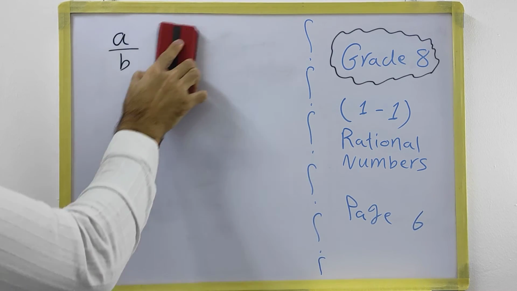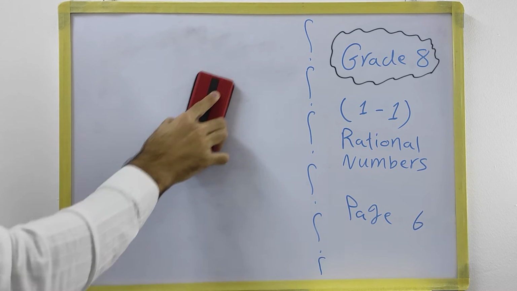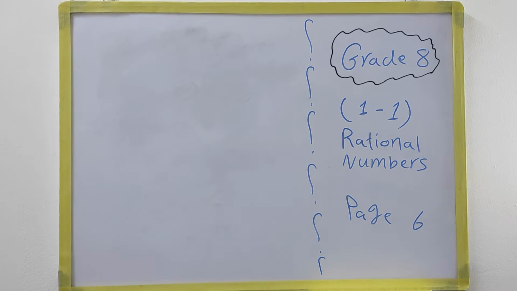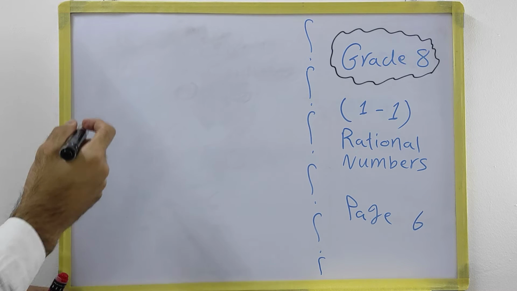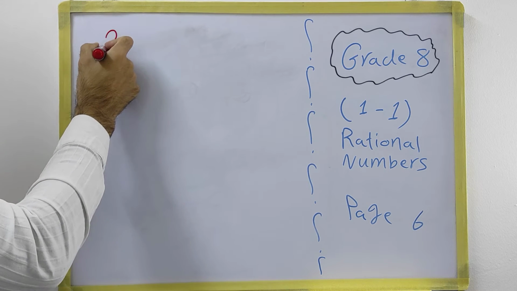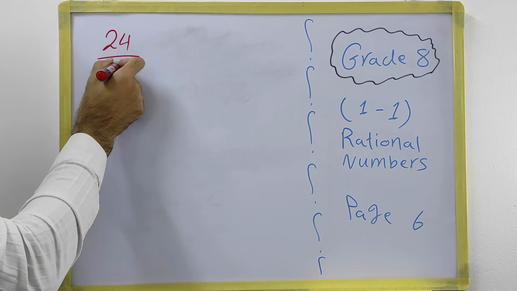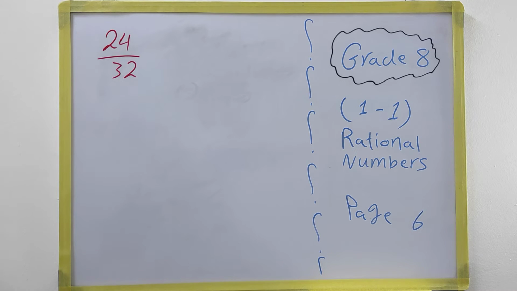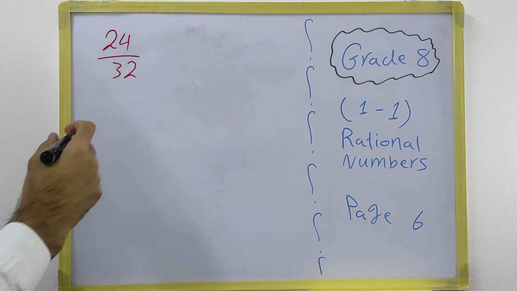And then if we have a rational number, how can we simplify it? For example, an example from the book, let's say 24 over 32. We can simplify numerator and denominator using the factors of them.